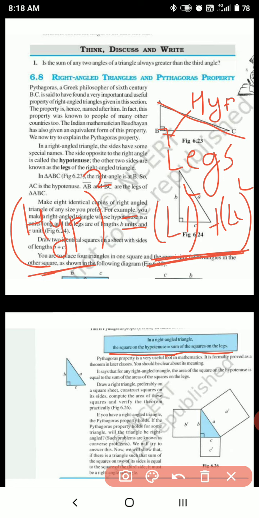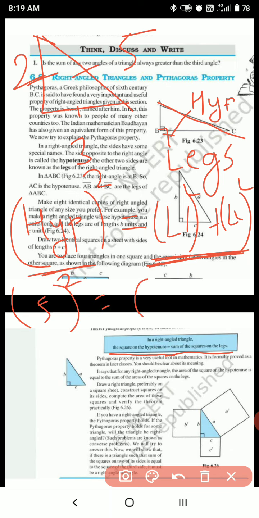How? See here, suppose I have a triangle like this. I am taking this side 5, this 3 and this 4. I am proving to you that the hypotenuse square is equal to the sum of the leg squares. The hypotenuse square is 5 square, equal to leg 2 square plus 3 square, sorry, it is 4, take 4.